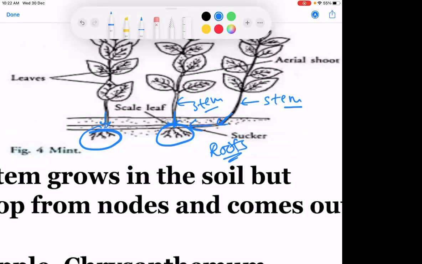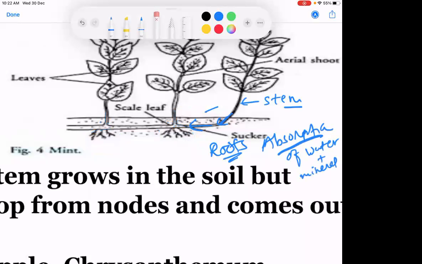These roots are an adaptation for absorption of material, that is, water plus minerals. So they are sucking the water and minerals from the soil, and that is why they are termed to be suckers.